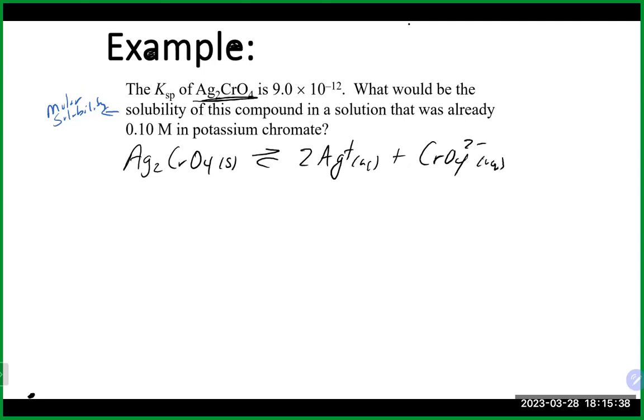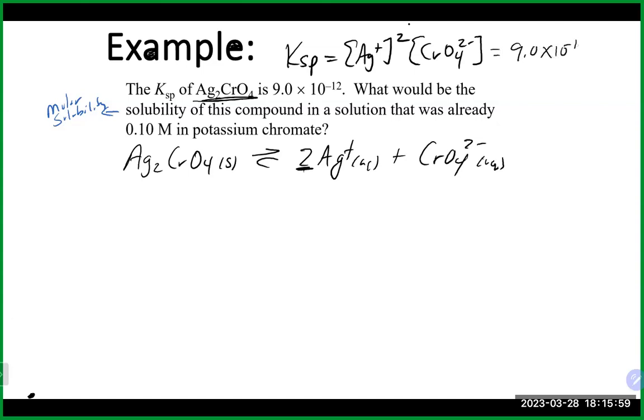That would give us a KSP expression that looks like silver, and once again, here we would need to square it because of the 2 times the chromate here, which does not need anything because the coefficient there is 1. And that obviously would equal our 9 times 10 to the minus 12 in this case.